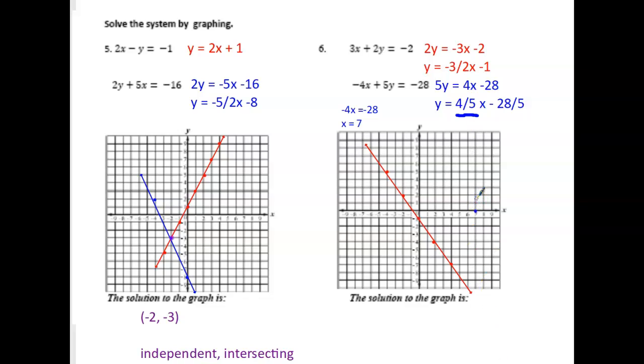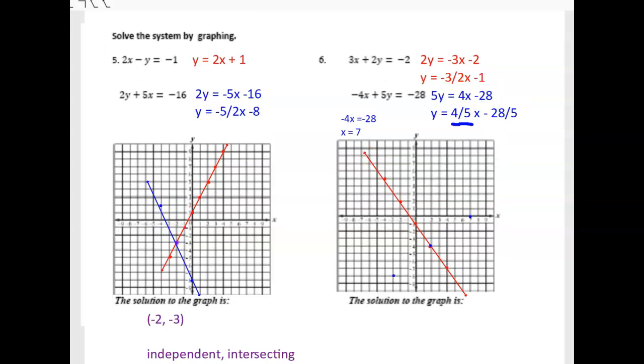So you could go up 4 from any point on your line and over 5, or down 4 over 5, connecting our lines.